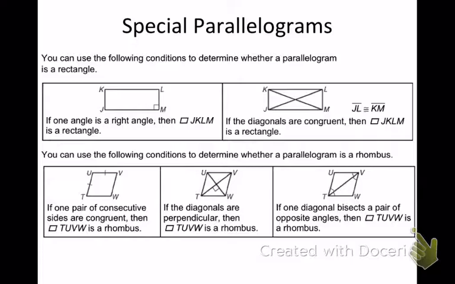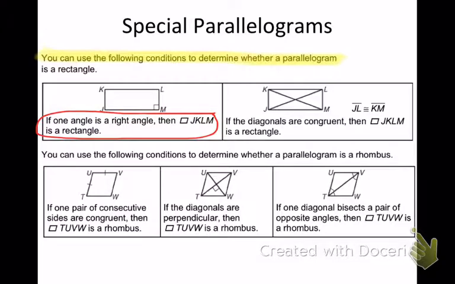You can use the following conditions to determine whether a parallelogram is a rectangle. Now, these conditions can only be used if you know it's a parallelogram here. Okay? So, if one angle is a right angle, then JKLM is a rectangle. If you know it's a parallelogram and one of the angles is a right angle, then we know it's going to be a rectangle.